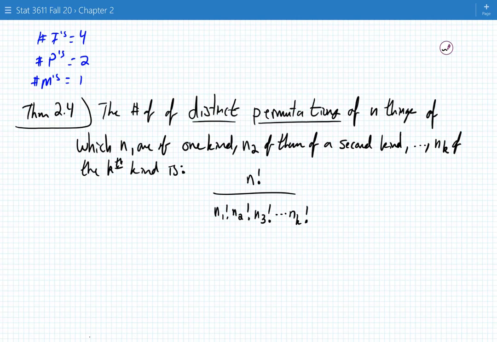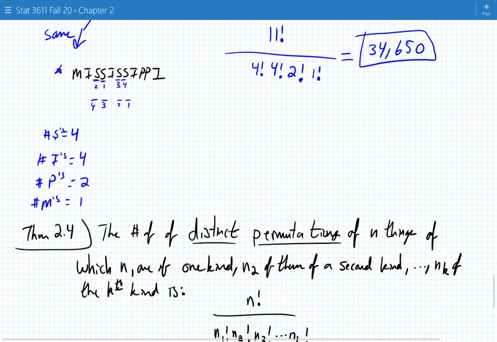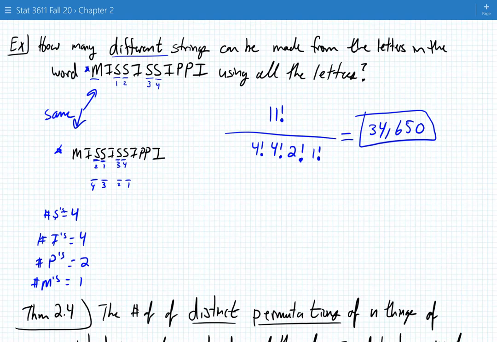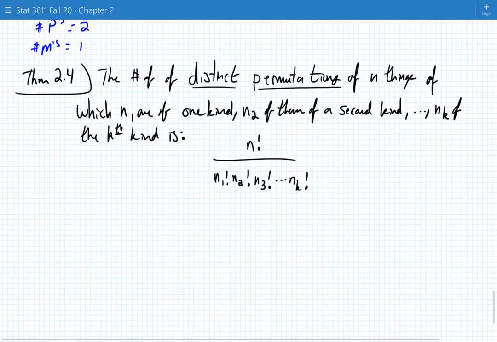Okay. And really, this theorem is just formalizing the logic that we developed to answer this question here. Theorem 2.4. You're just dividing out the number of repeats that you'd have there.